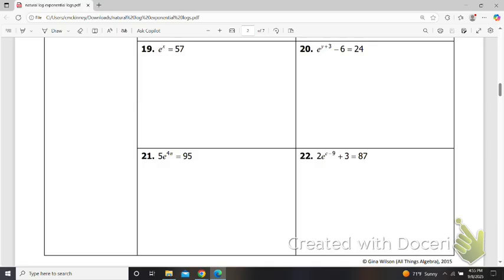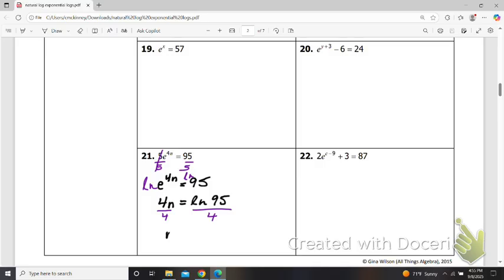Okay, for something like 21, isolate the e. Then ln of both sides so that we bring down that variable that's in the exponent. And then we're going to need to divide by 4.